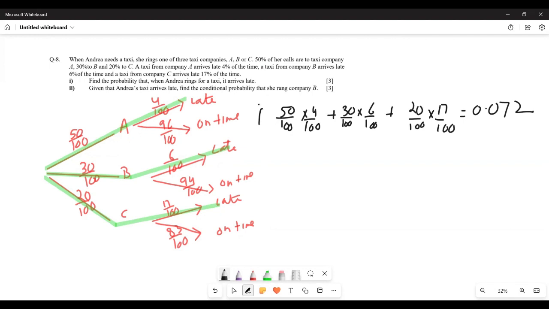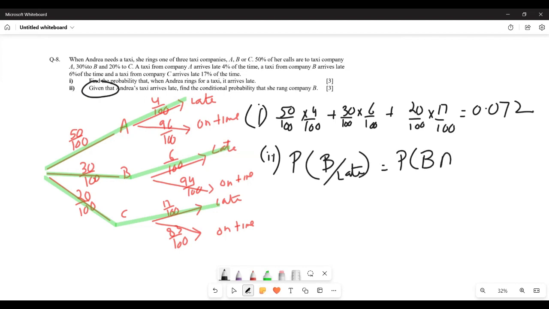This is part 1. Part 2 is, given that Andrea's taxi arrives late, so अब given that बोला है, that means this is conditional probability. So I'm going to write given late. Find the probability that she rang company B. So it's going to be probability B and late upon probability late.